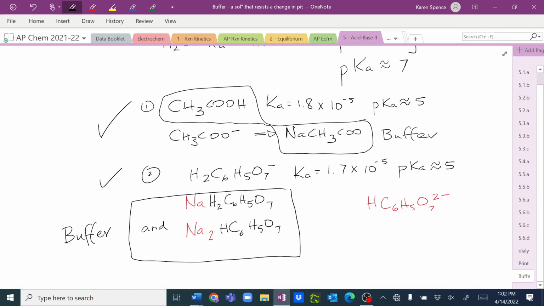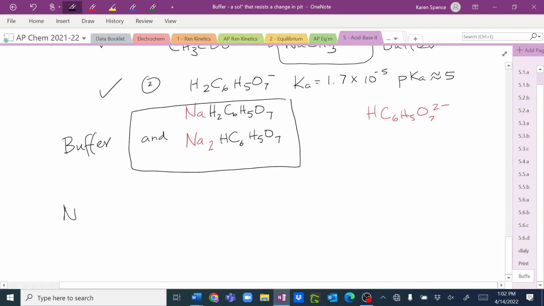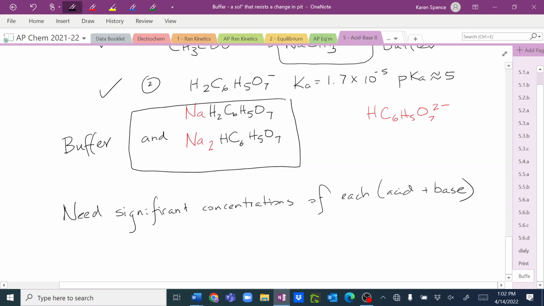Now you have to have significant concentrations of these. For significant concentrations, that's probably at least 0.1 molar, to buffer effectively.